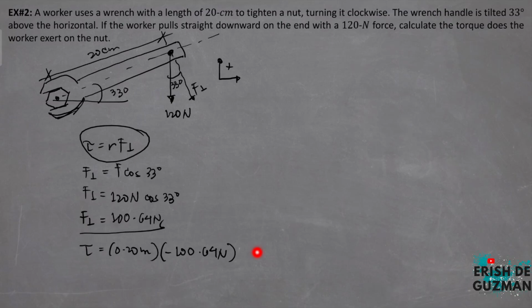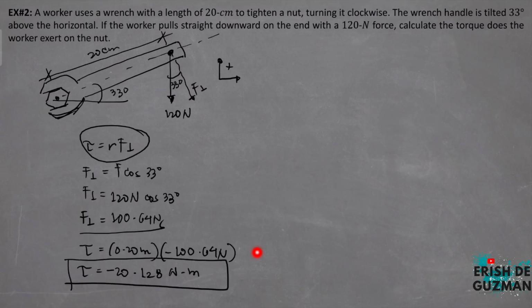We put in the minus sign because the torque is negative, since it tries to rotate the nut in a clockwise direction. So, torque is equal to negative 20.128 Newton meters.